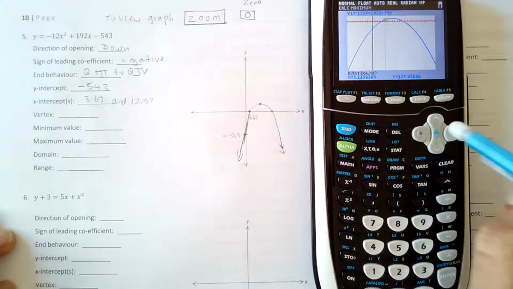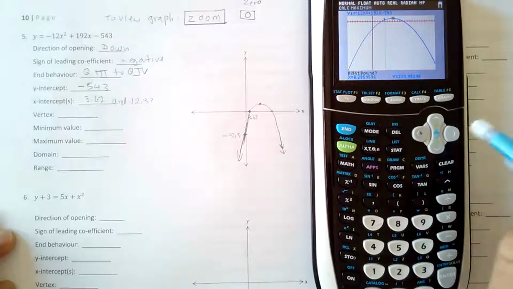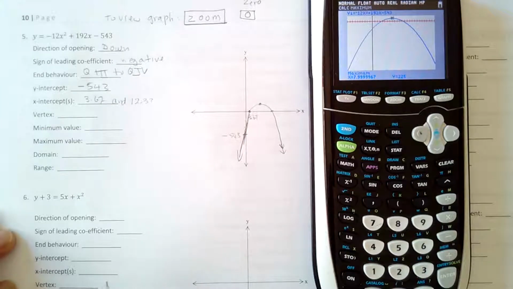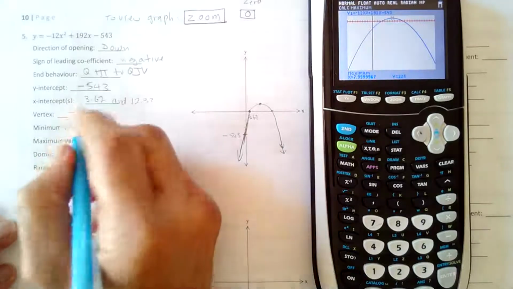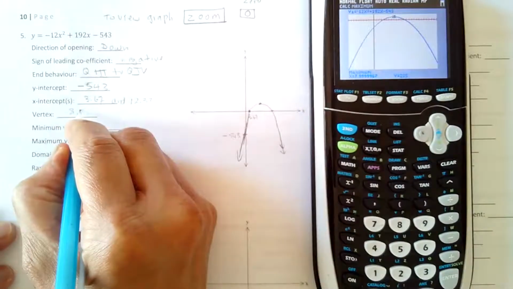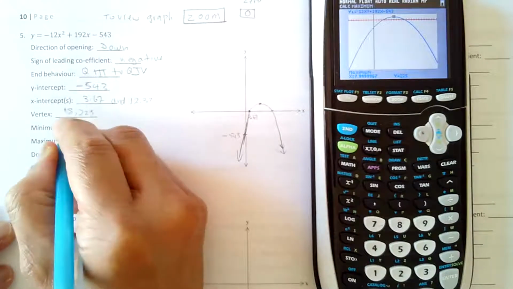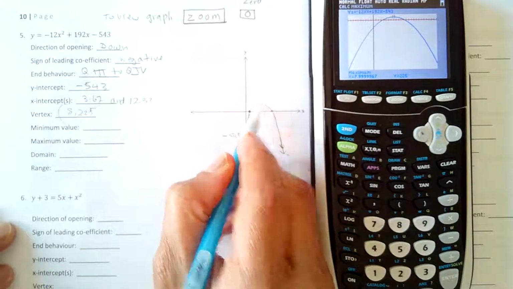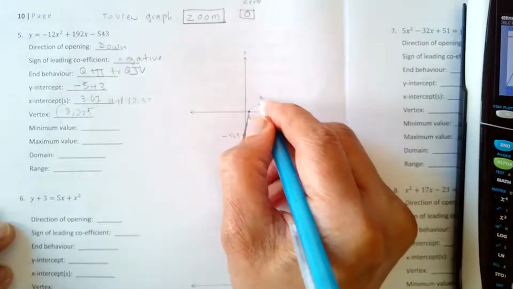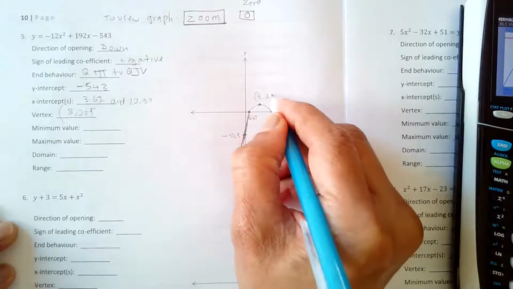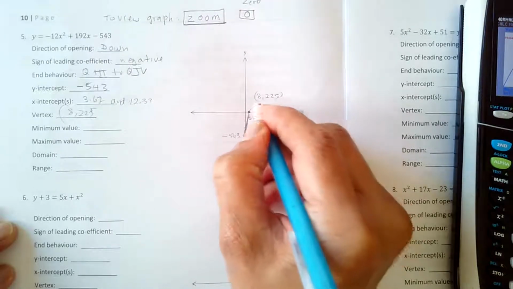Press enter. Then go to the right of the vertex. Press enter. Press enter. And it's close to 8. We can say that's 8, 225. So this point here, the vertex, is 8, 225.